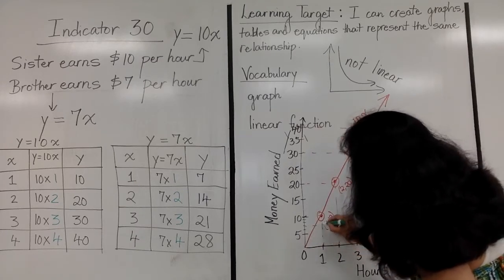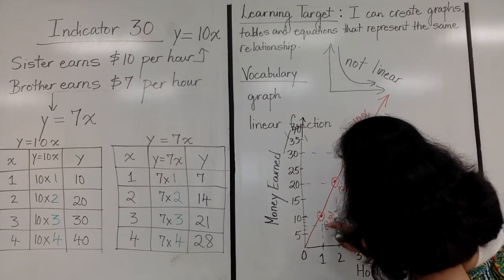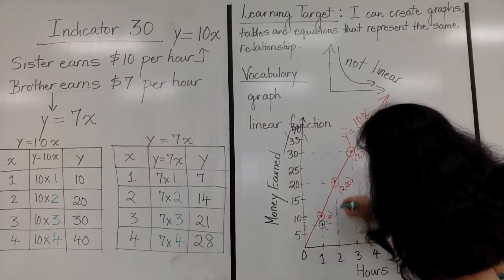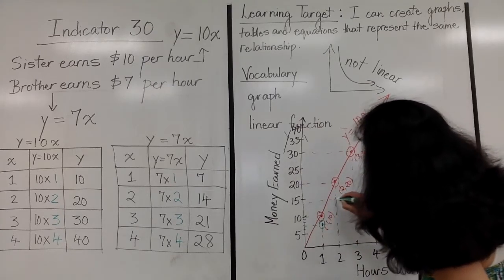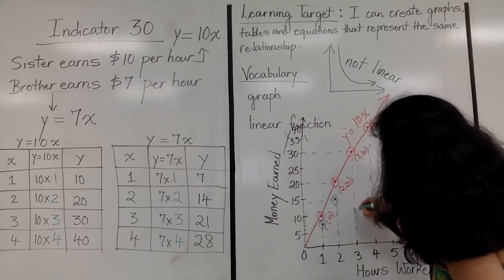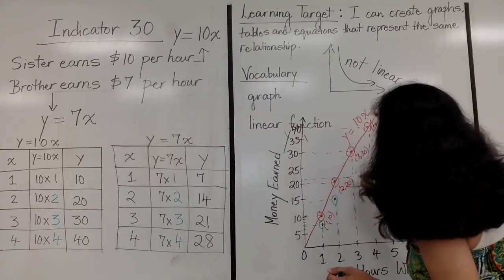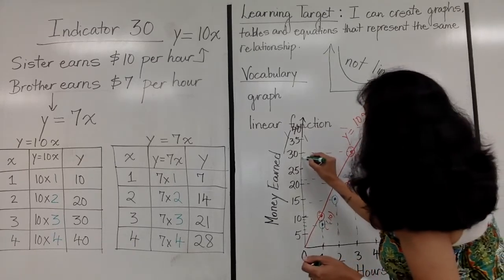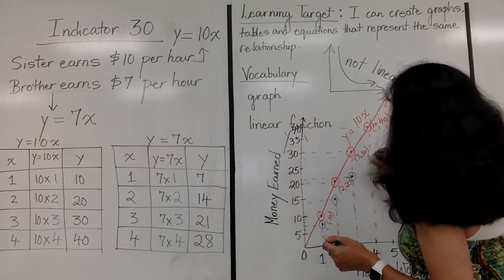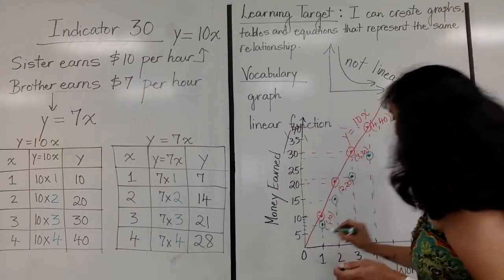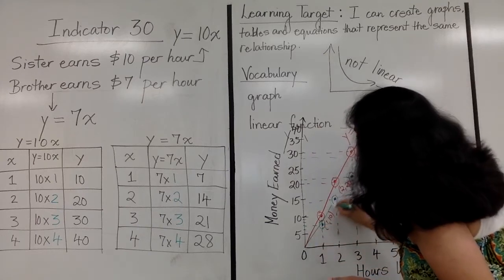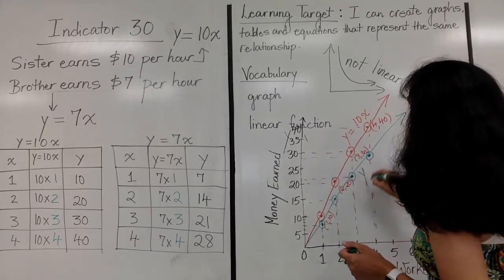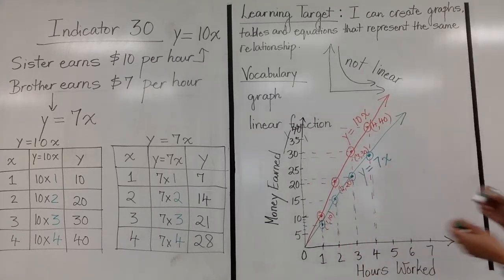Okay, so if I go like this, at 1 and 7 here, and then 2 and 14 will be here, and 3 and 21 will be here, and 4 and 28 will be here. So this is your brother's line, going like this. Okay, so y is equal to 7x.